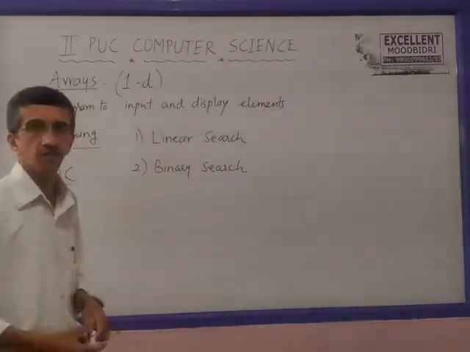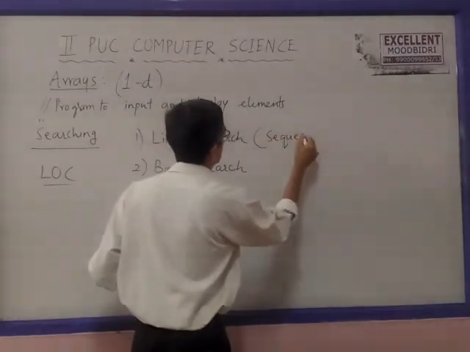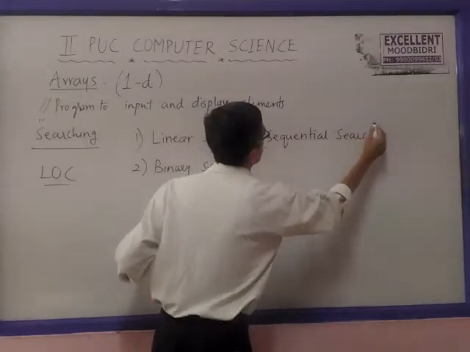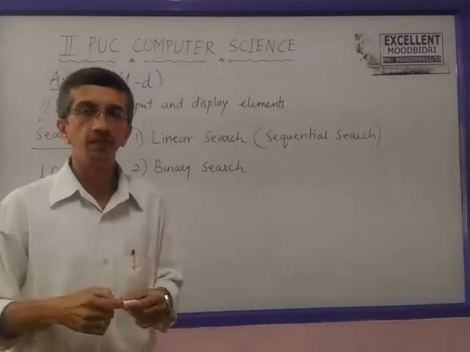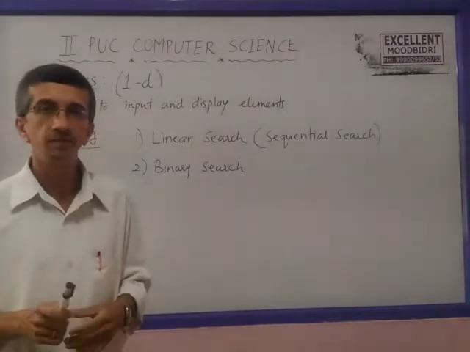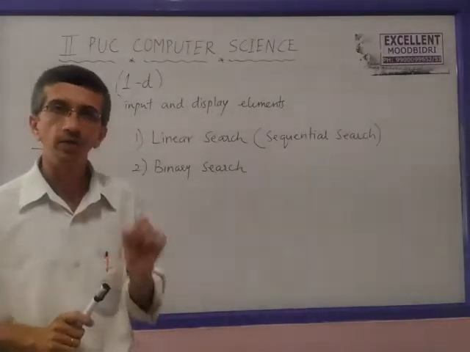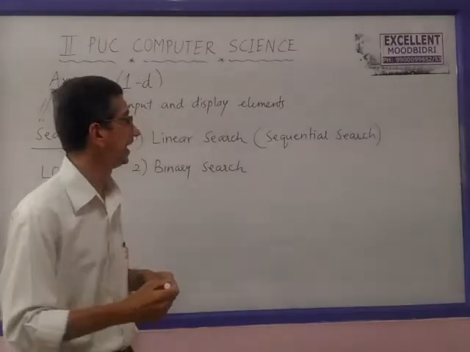The linear search method is also called the sequential search. According to this method, the search is carried out from the first item, the first index or the 0 index position. The search element is also called the key element.